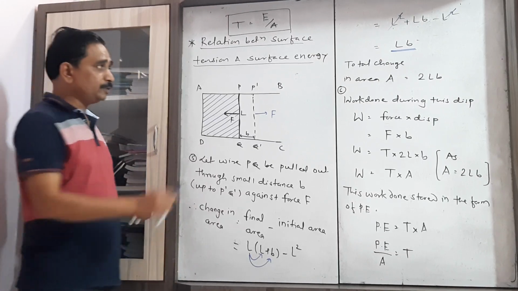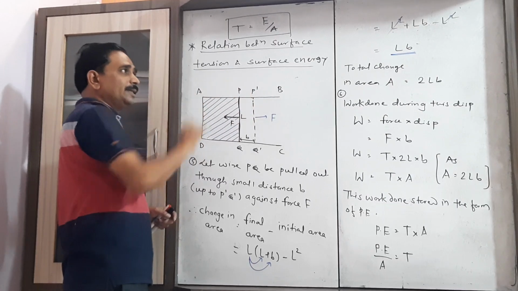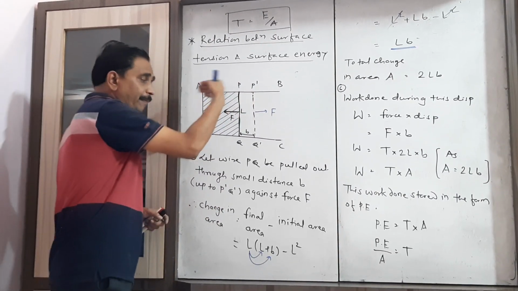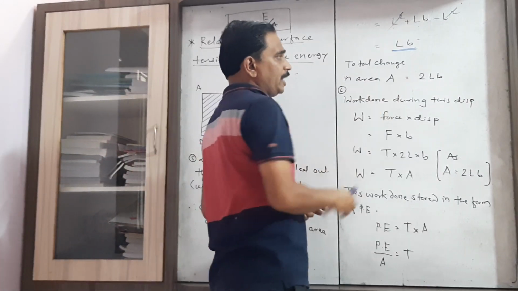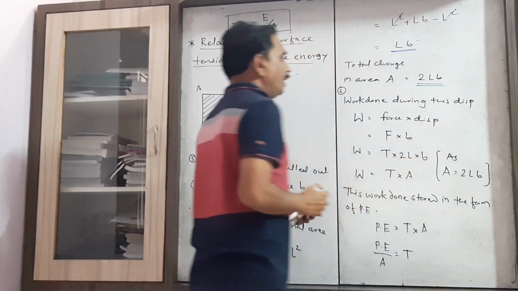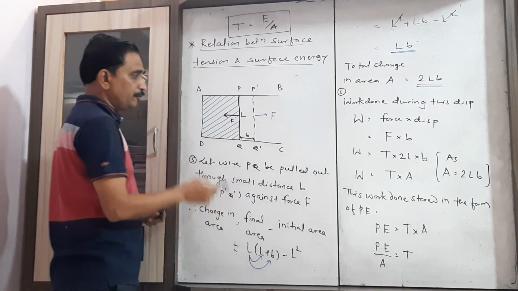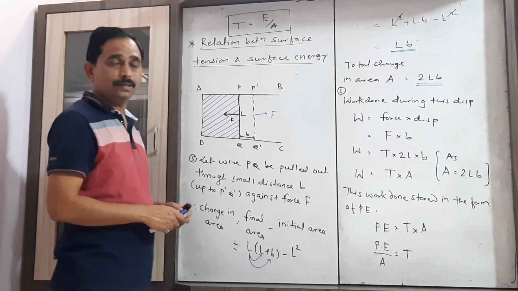But this is only for one side. We have to consider the other side also, that is from the back side of this frame. Therefore, total change in area equal to twice into LB. Now consider the work done to move this wire PQ through the small distance.